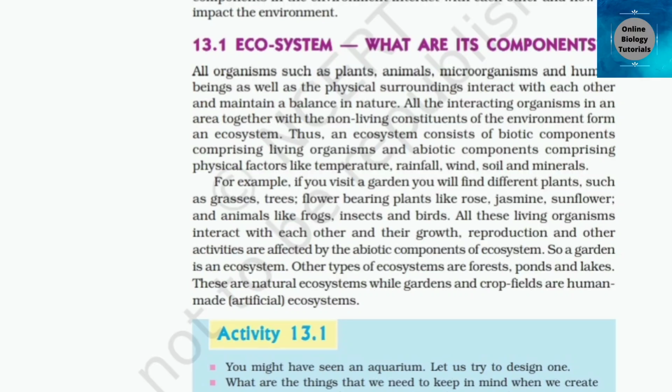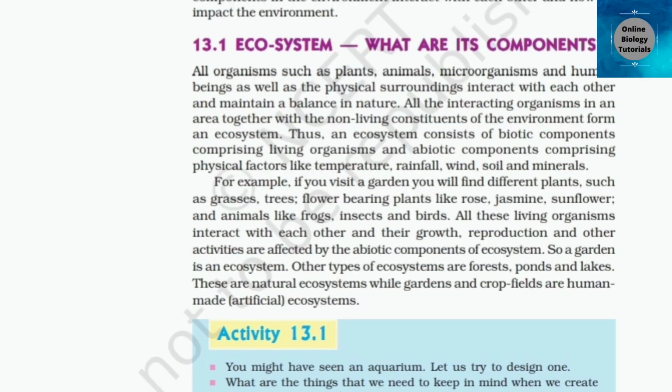Thus, an ecosystem consists of biotic components comprising living organisms and abiotic components comprising physical factors like temperature, rainfall, wind, soil, and minerals. For example, if you visit a garden, you will find different plants, such as grasses, trees, flower-bearing plants like rose, jasmine, sunflower, and animals like frogs, insects, and birds.